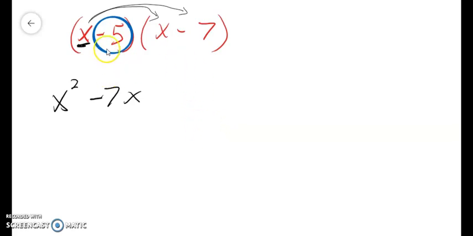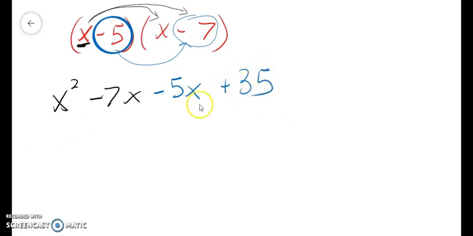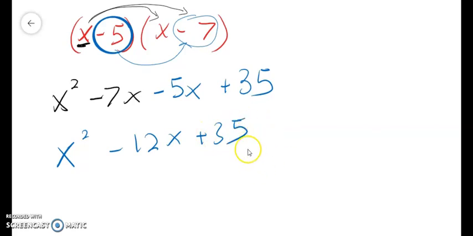So negative 5 multiply with the x, you'll be getting negative 5x. Negative 5 and negative 7 together, you get positive 35. So here we can simplify this. You got x square, minus, so here will be negative 12x plus 35. So this one is your fundamental of your expanding.